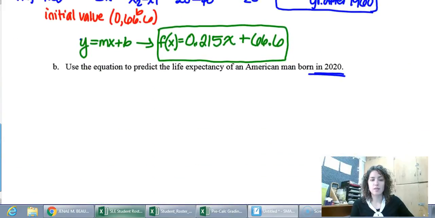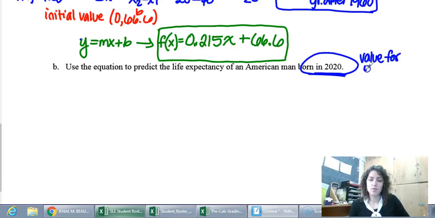I don't know life expectancy, but this is a year after 1960, so it's a value for year after 1960. But I can't say 2020, because if I say x equals 2020, no good.